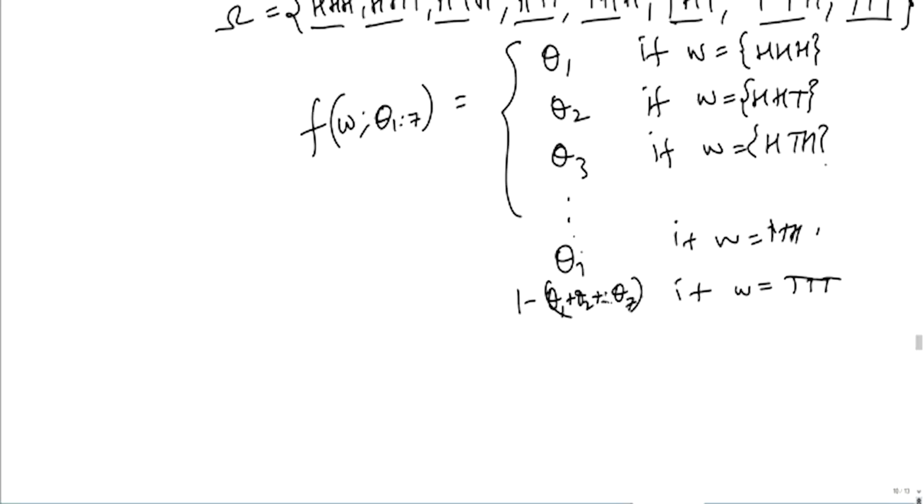This is a function, remember, it's a mathematical function, and it takes some arguments theta and omega. For theta you would have some numeric values, theta is anywhere between 0 and 1. So it's fine for theta, but omega does not have a numeric value. Okay, it's an elementary event, so it can have a value HHH, HHT, HTH, and what do those values mean? Each value is a category.